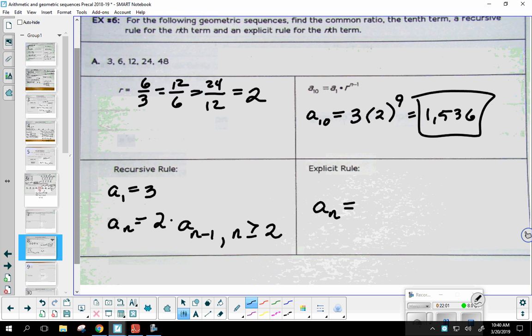What was the first term? 3 times 2, that was my common ratio, to the n minus 1. There we go. That was the explicit. See, there's nothing to simplify. The more work you'll be doing is if you're looking for the number of terms, which we're actually going to be doing in the series lesson, and probably bring some logarithms back in. Any questions on what I did here?